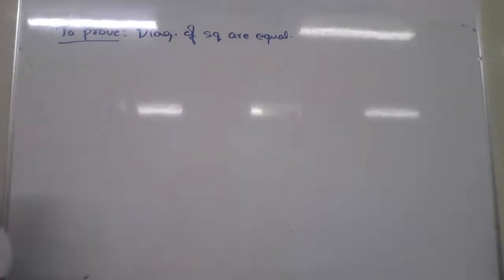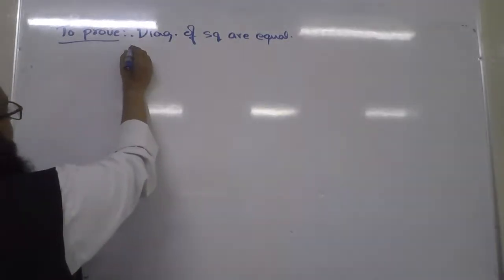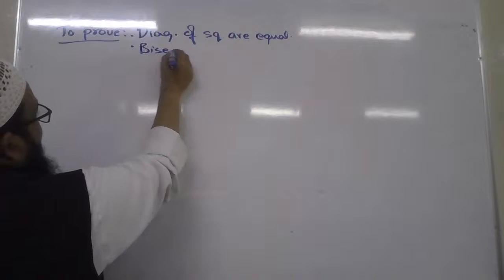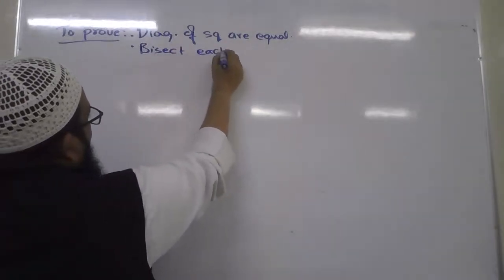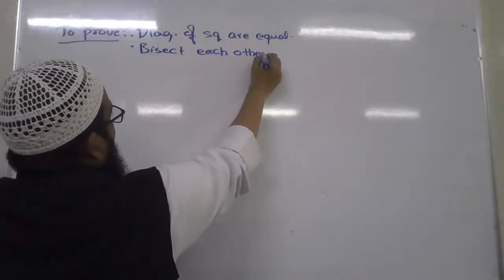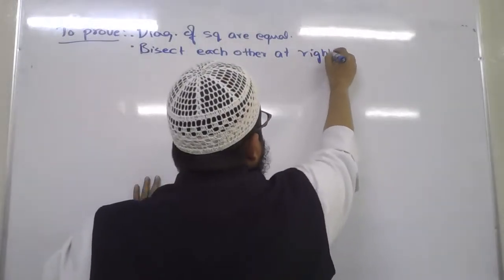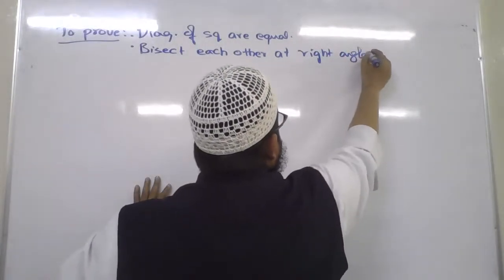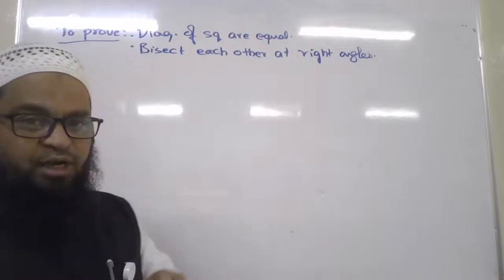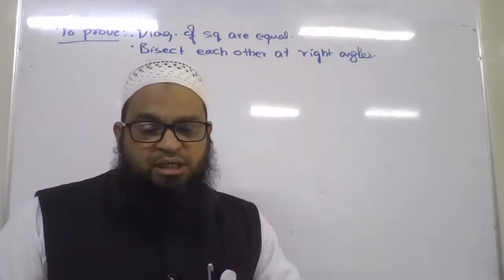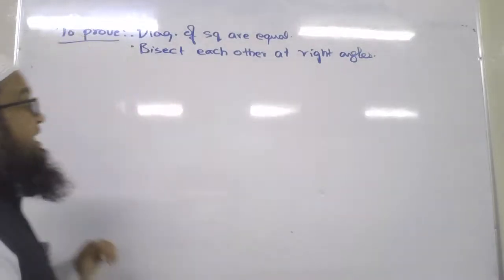And also you have to prove, there are two parts: bisect each other at right angles. I'll show you. Once you draw the figure, you will understand everything. So what is given?